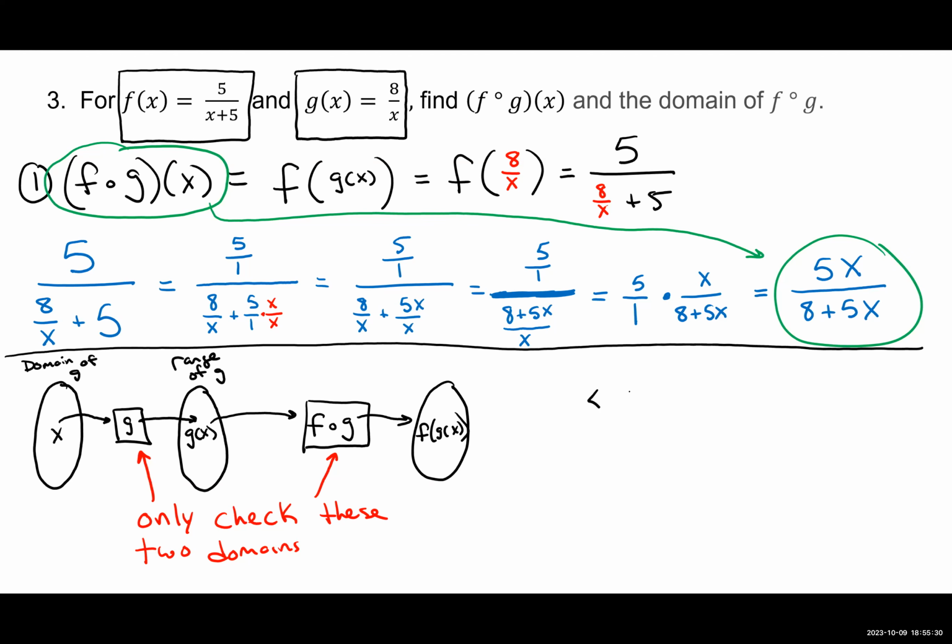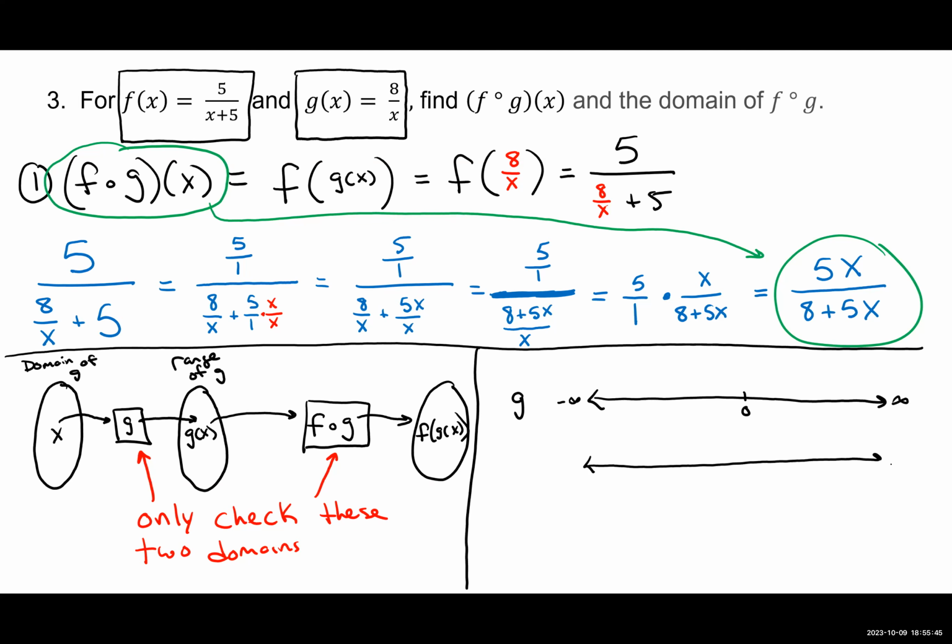So, only two number lines here. One for g. One for f of g. Those are the two functions you have to look at.